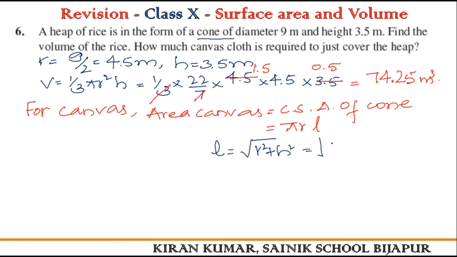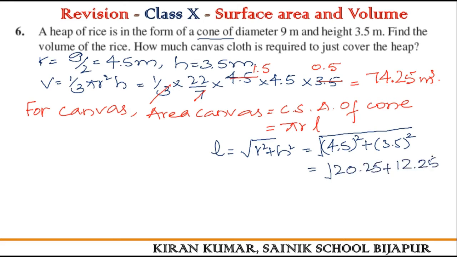Here root of 4.5 square plus 3.5 square. 4.5 square is 20.25. 3.5 square is 12.25. We get root of 32.5. We need to find the root. It will be 5.7 meter.